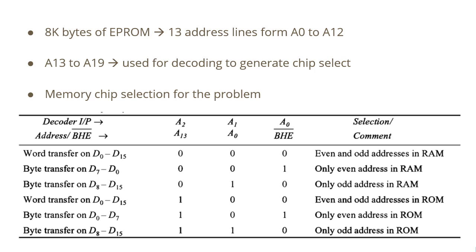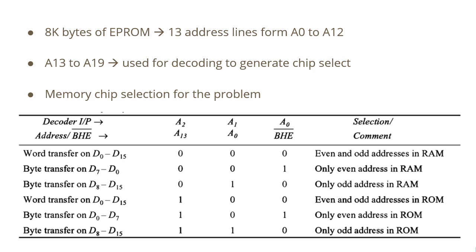So for that, A0 should be 0 and BHE bar should be 1. Next, we need to do a byte transfer using the higher order data bus. That will be put into the odd address memory bank of the RAM. So here again A13 should be 0 to select the RAM, and because it's the odd address memory bank, A0 should have a value of 1 and BHE bar should have a value of 0.